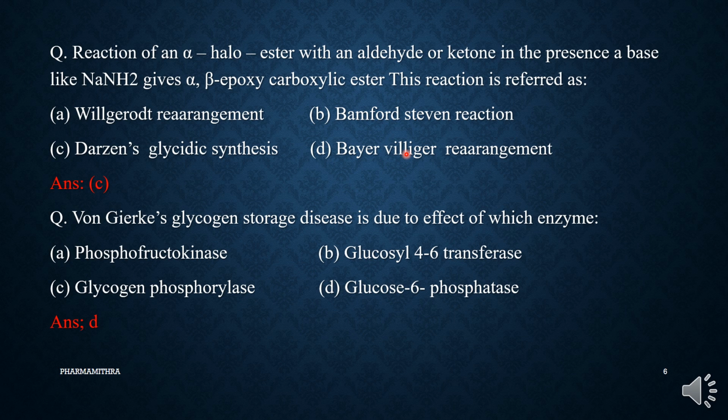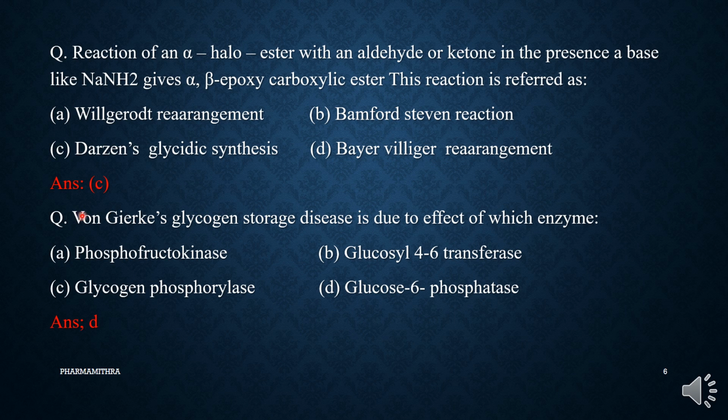That is, finally oxidation of the ketone using a peroxy acid results in the final product. That is what happens in the Baeyer-Villiger rearrangement. So we want to go through the name reactions also for the GPAT exam.